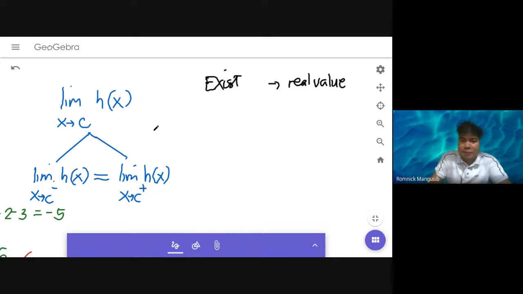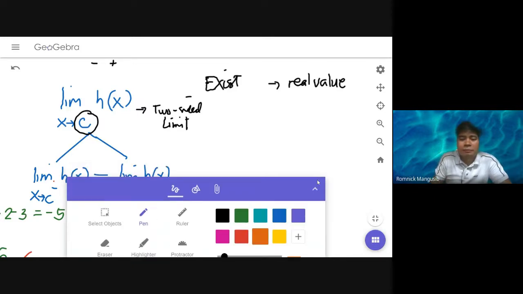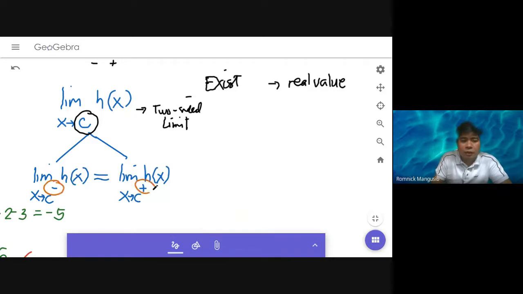At masasabi mo daw, if we don't see any symbol, negative or positive, on top, ibig sabihin, ito yung tinatawag nating two-sided limits o limit. Pero kapag nakita mo to at ito din, ibig sabihin, these two indicate one-sided limits.